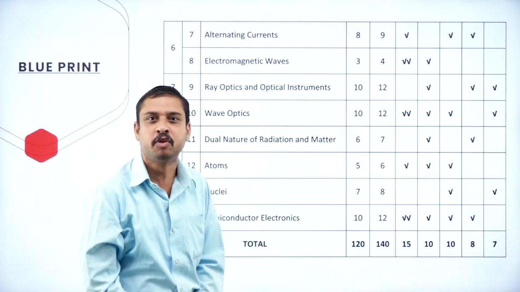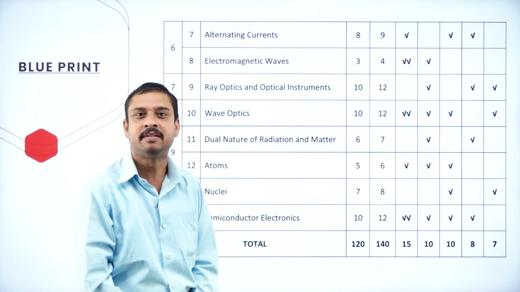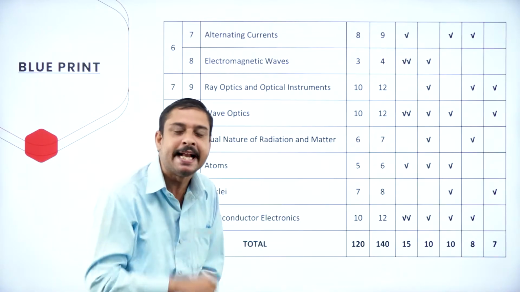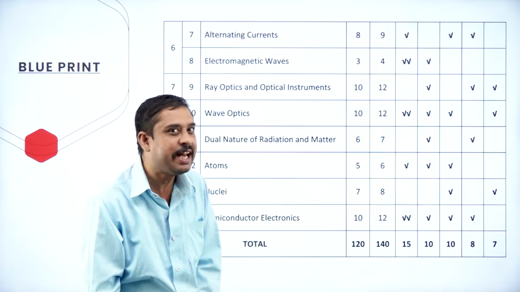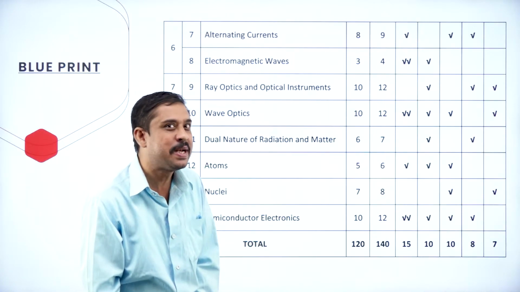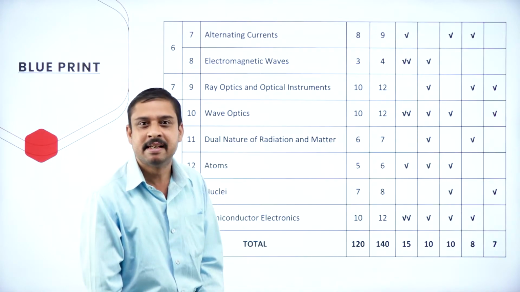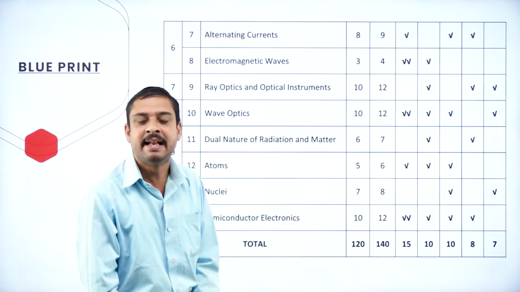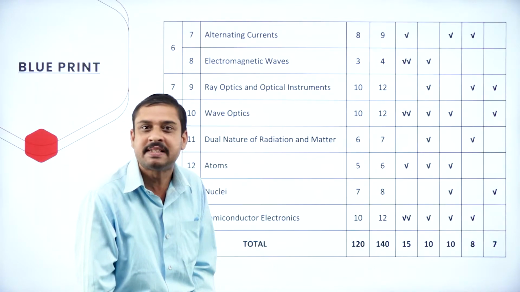So have your confidence level on electric current, on alternating current and on optics. Reservedly, yes, my Cadbury's chapter, you remember? Atoms. Yes. Chapters like electric charges and fields, you can keep both of them as reserve.